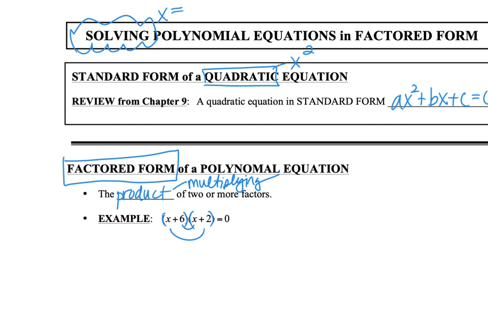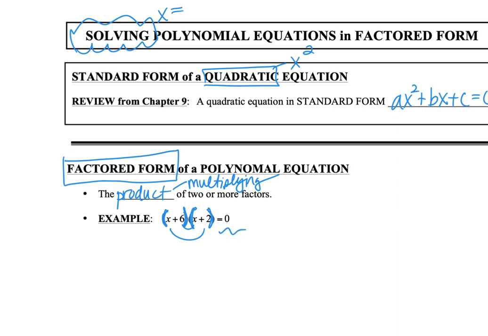And now it's in factored form because I have the x plus 6 as a quantity that's being multiplied by the quantity of x plus 2. So I do have a product of 2 factors there. And the difference, again, is now I set that equal to 0.